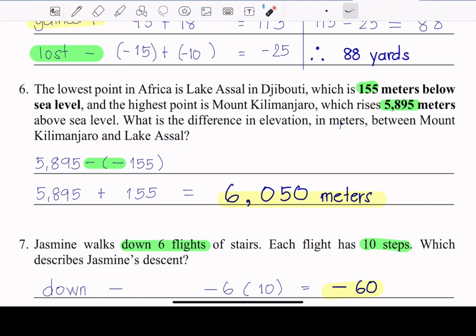So first you look for the values and the keywords. So we have here 155 meters, and the keyword here is below. Below means negative, so it is negative 155. Next is which rises above.